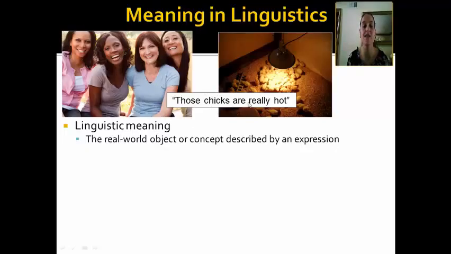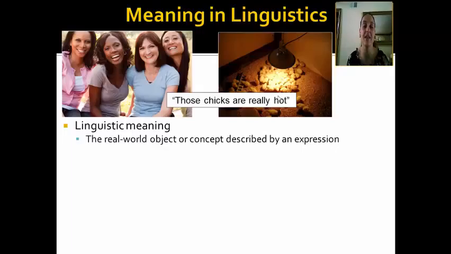So if somebody says those chicks are really hot, that is one meaning that sentence could have. If you look on the right-hand side, you'll see a picture of literally baby chicks sitting under a heat lamp, and so they are quite hot, right? So the linguistic meaning, there are actually two represented by this sentence.